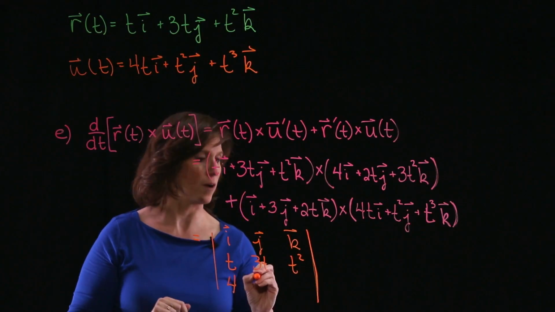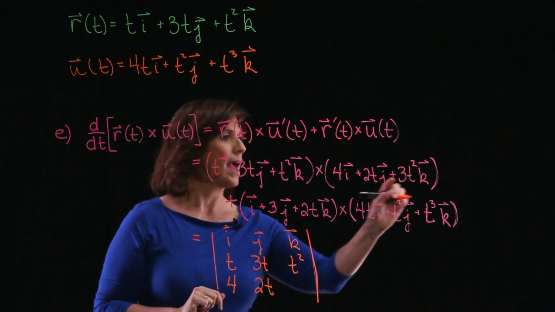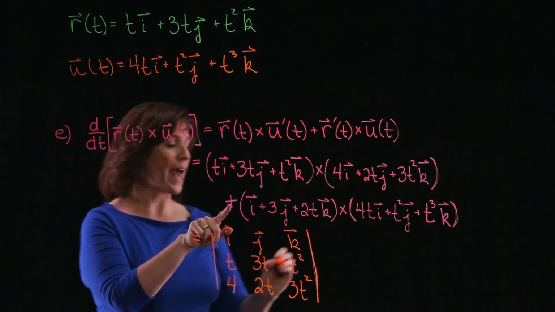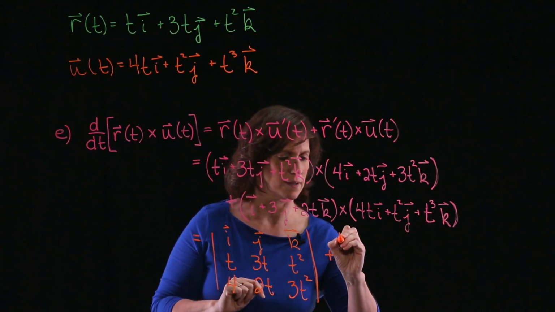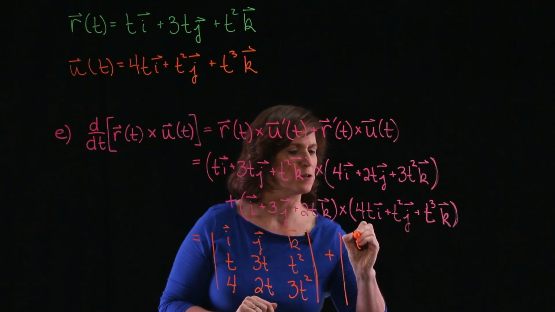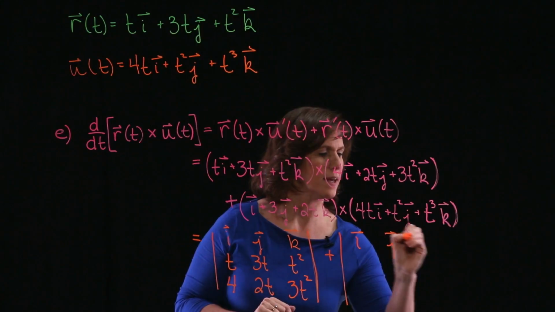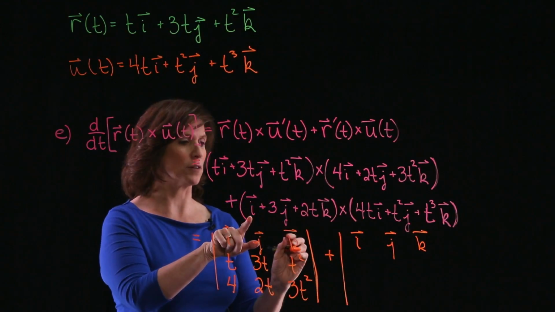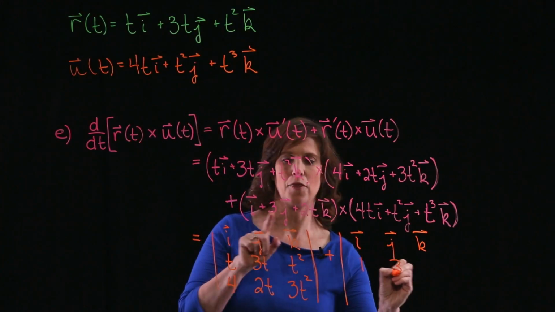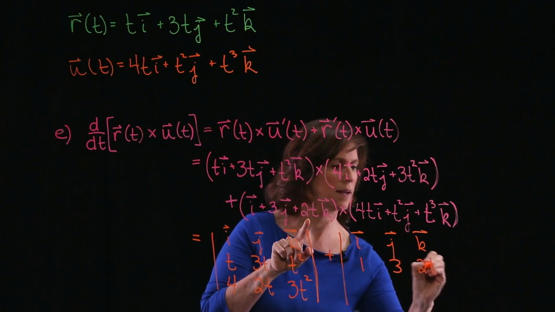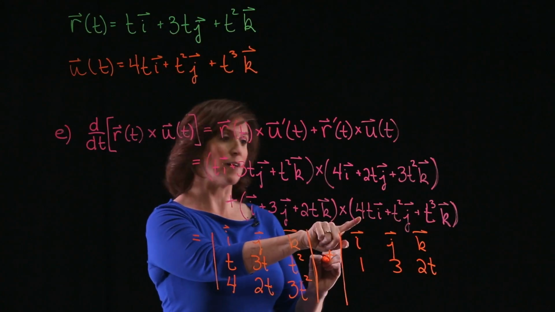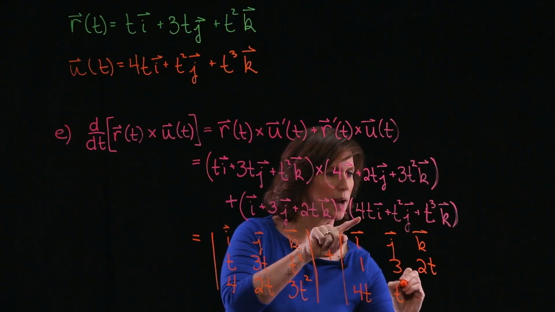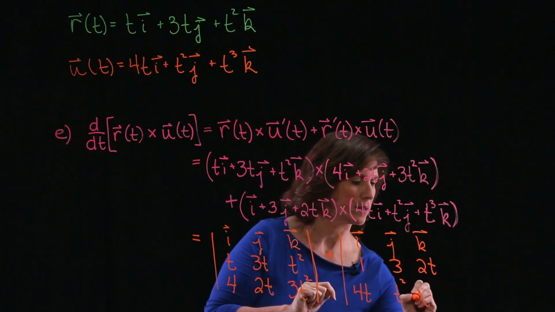So that's going to be a 4, a 2t, and a 3t squared. I'm then going to add it to another cross product. Again, my first row will be vector i, j, and k. My second row will be the components of my first vector, which will be a 1, a 3, and a 2t. And the third row will be the components of my second vector, which will be 4t, t squared, and t cubed.